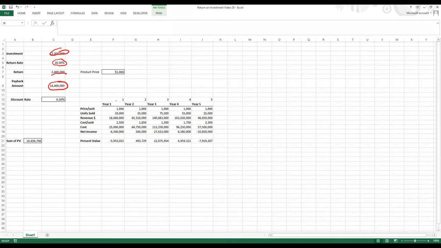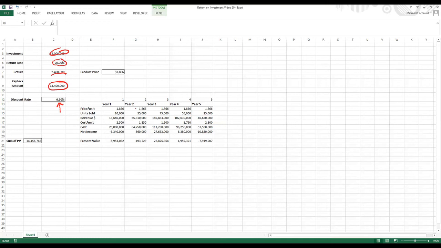For this example, we've chosen our discount rate, that's the R in the cash flow formula, to be 6.5%. It's a subjective calculation of what we think inflation is, as well as the borrowing cost for this $12 million. And it tells us how much the value of a dollar decreases year after year after year.